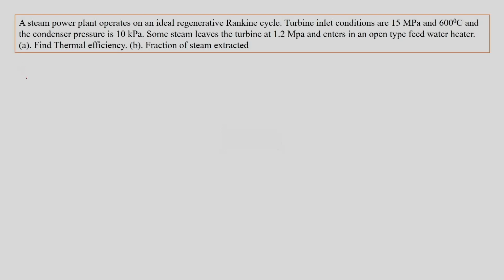In this we will first draw the Rankine cycle. We have to remember that this is an open type of feed water heater, and in the open type of feed water heater there will be two pumps.